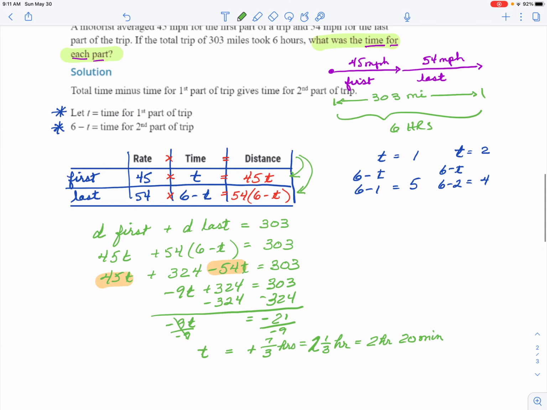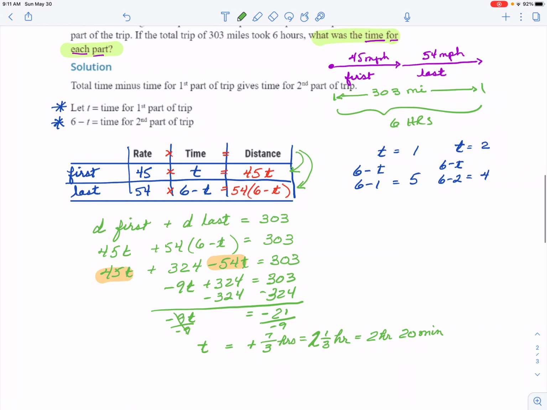All right, that only gives me one of the answers, because the question was, what was the time for each part? So the second part of the trip is this 6 minus t, which in this case is 6 minus 7/3. T is 7/3.